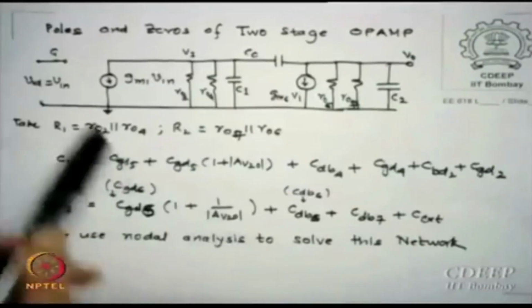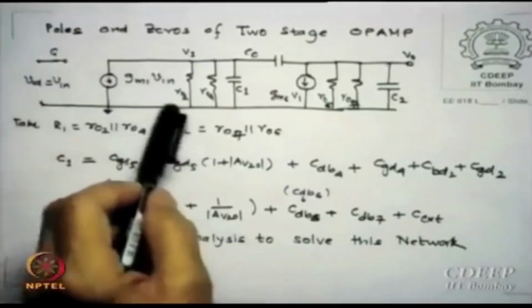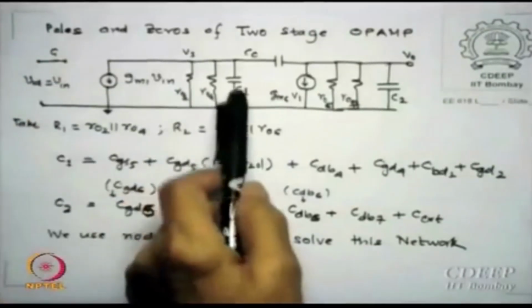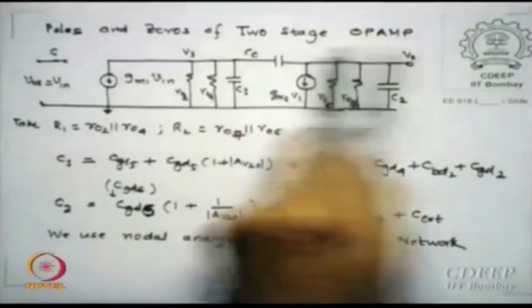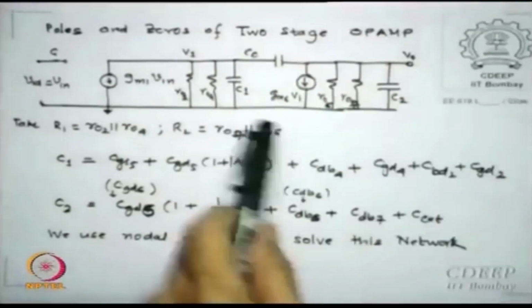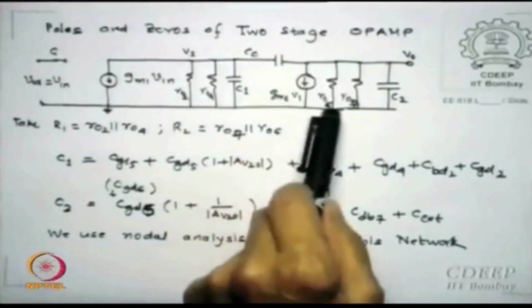We have done this, again I repeat for you, this is the equivalent circuit of the two stage op-amp. This is my GM1 Vin, this is RO2 parallel RO4, C1, CC, GM6 V1, RO6, RO7, C2. We will also see two cases, CC removed and CC put.